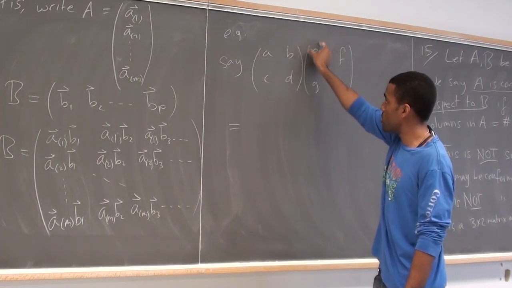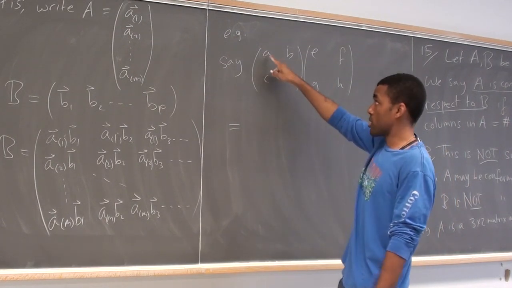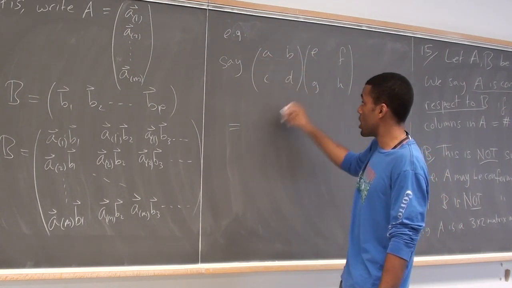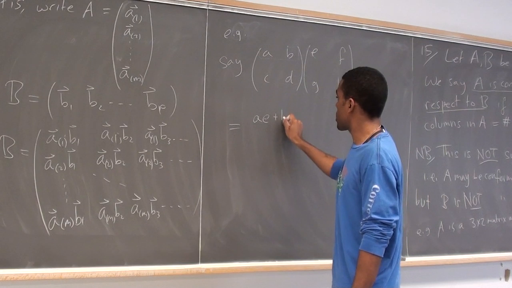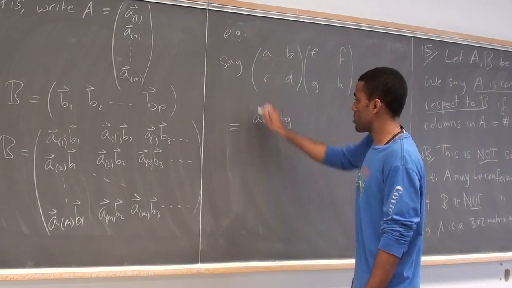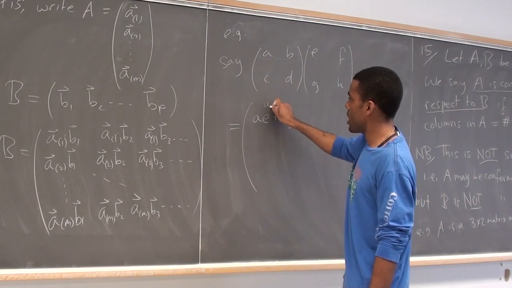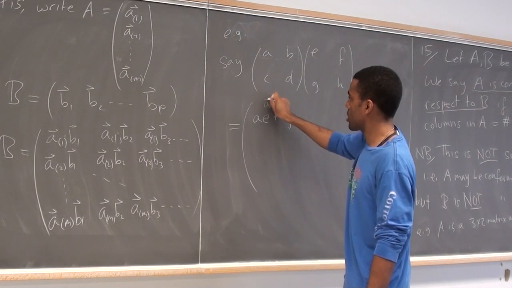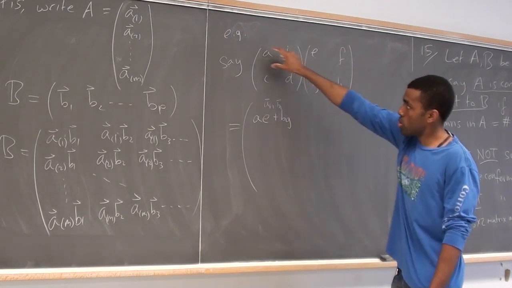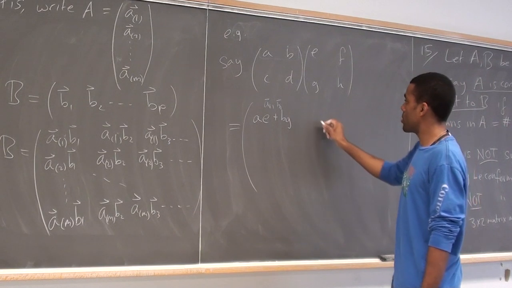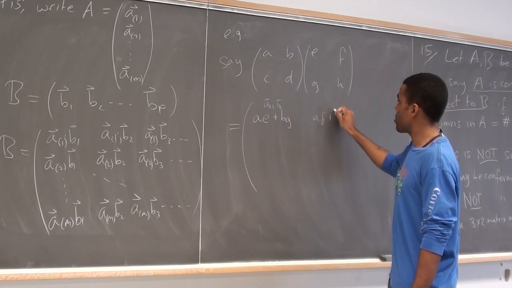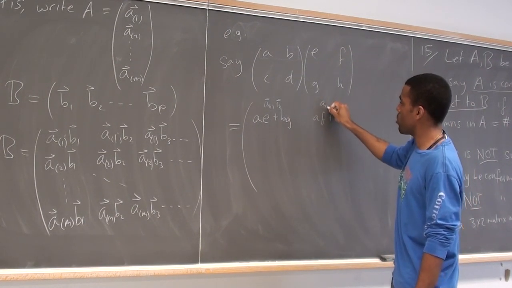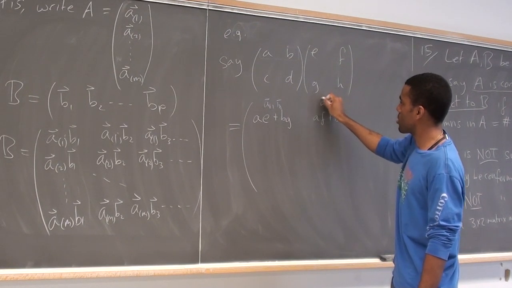This will be A1 times B1, the dot product of them. So it's this times this plus this times that. This is your A1B1. Then you do the first row times the second column. So that's AF plus BH. This is your A1B2.